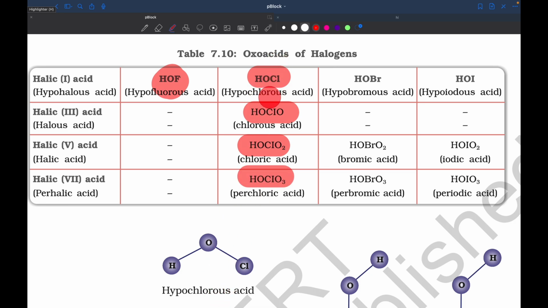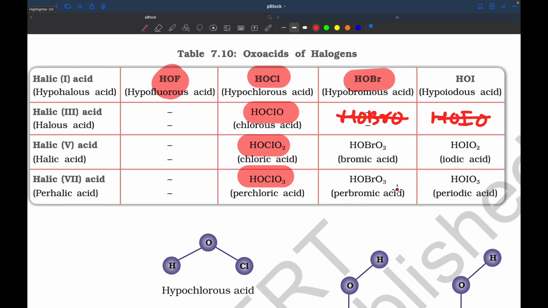The formula, the trial person wrote it like this, joining HOH, but it's okay, it's the same thing. Right. So HOBr is known. What is not known here? HOBrO is not known. HOIO is also not known. So these two acids are not known, the remaining are very well known.